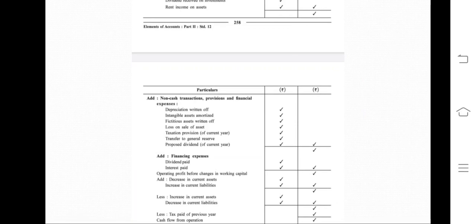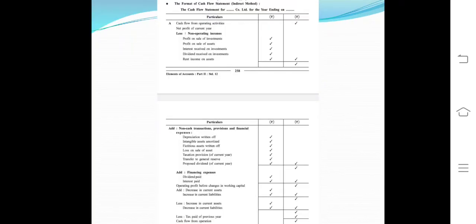So friends, this is the entire statement of operating activity. Whatever items out of these we get, we have to present this way, and we get the cash flow from operating activities. And here, if this amount comes negative, it will be shown in brackets, which we know very well.